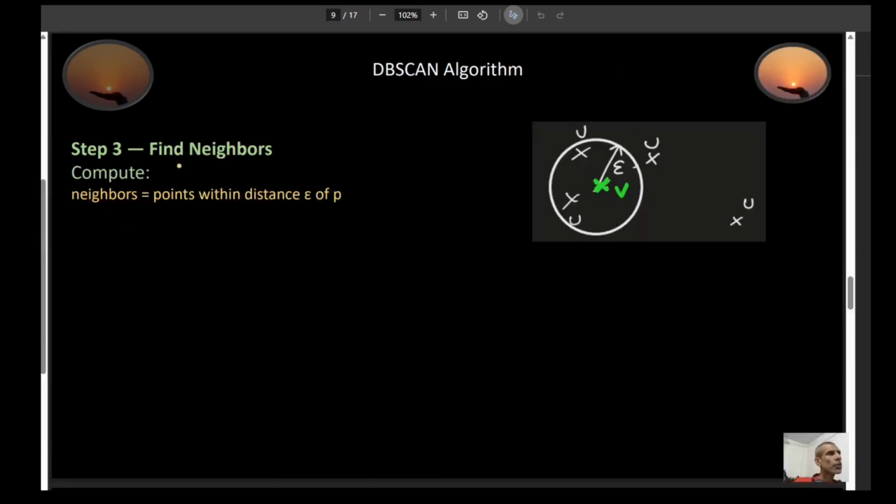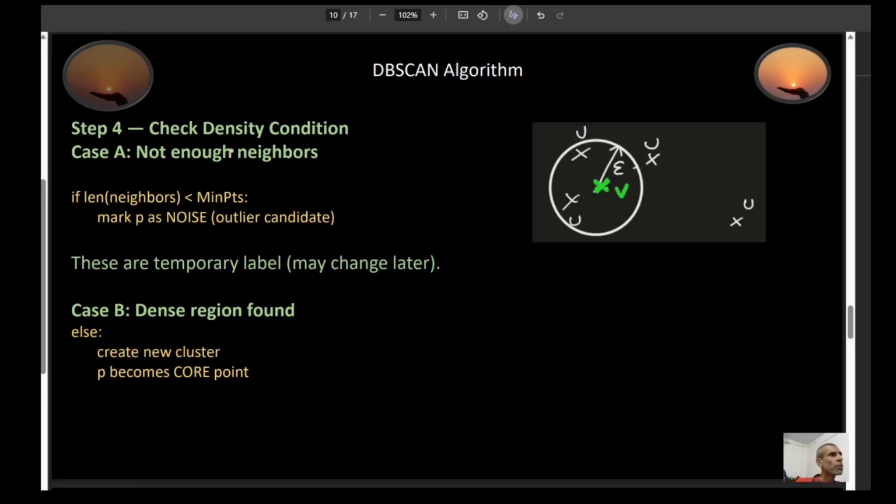Next step, now you find the neighbors. So this is my point that I just marked visited, and you draw a circle of radius epsilon, and then you find what points lie within this radius, and that would be this point and this point. So the neighbors for this one are this one and this one. And now you perform the density condition check. There are two cases. Case one, you do not have enough neighbors. How do you decide that? Well, remember the minimum points we picked.